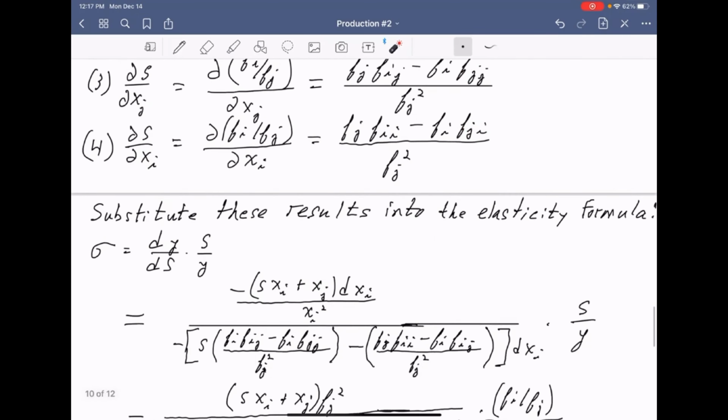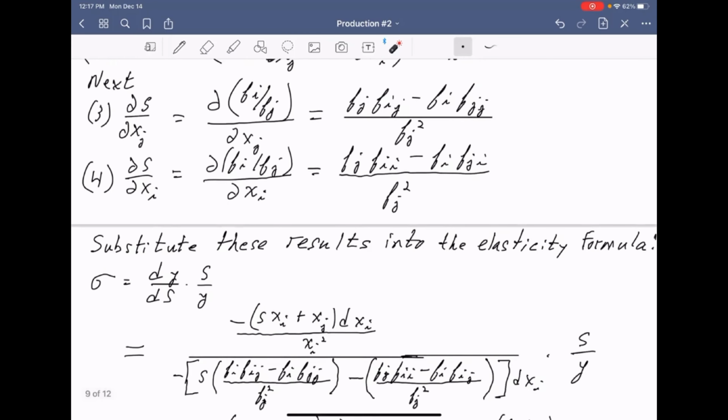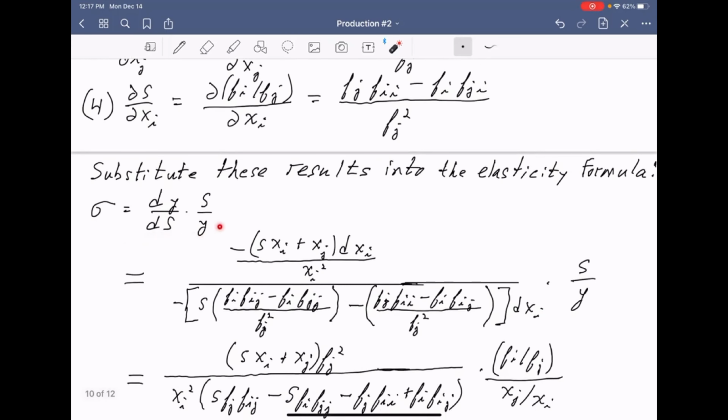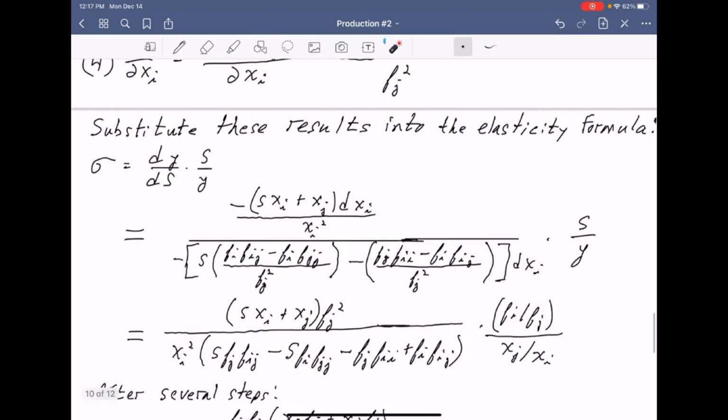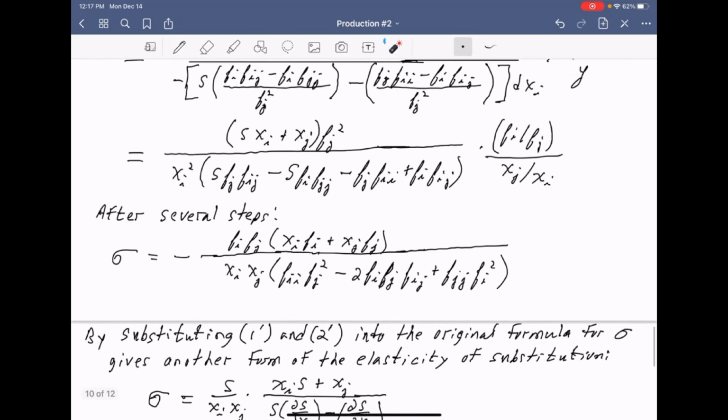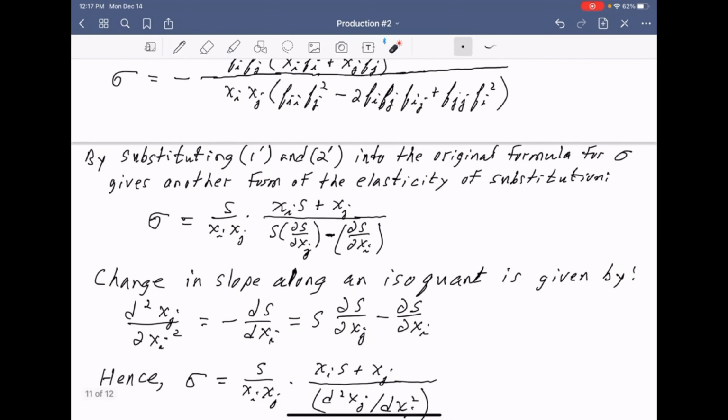So we substitute these results, 3 and 4, into the elasticity formula here, and I'll let you just follow that along on your own, but in the end we get this formula here for sigma, the elasticity of substitution.